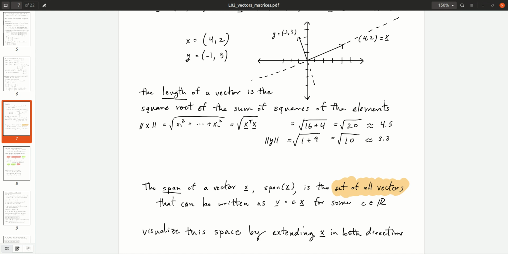And if we did minus 1 times 4, 2, we'd get minus 4, minus 2, so you go back 4 and down 2 here. All of these vectors are a multiple of 4, 2, and therefore they're along this extension of the line. So the geometric interpretation of the span of a single vector is that you take the vector and extend the line infinitely in both directions.